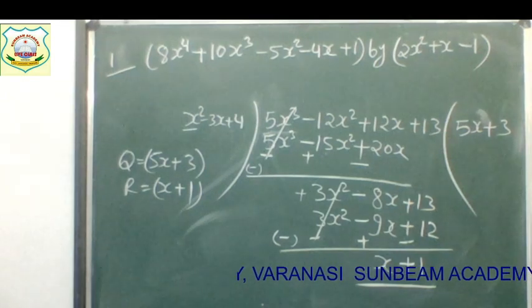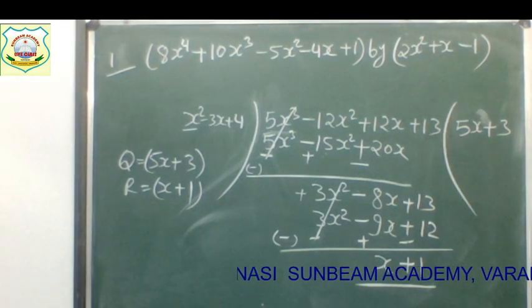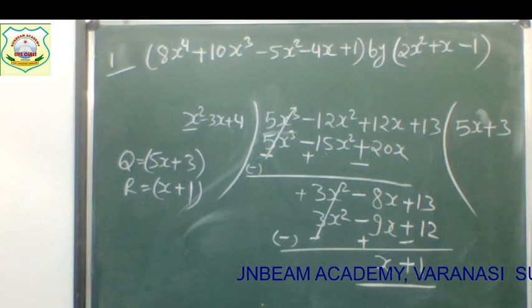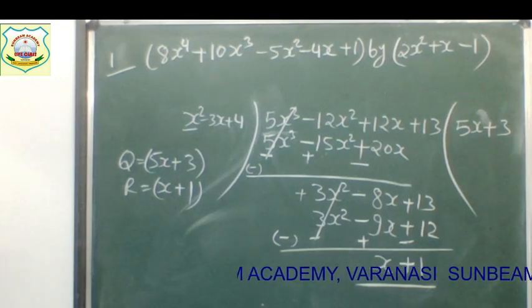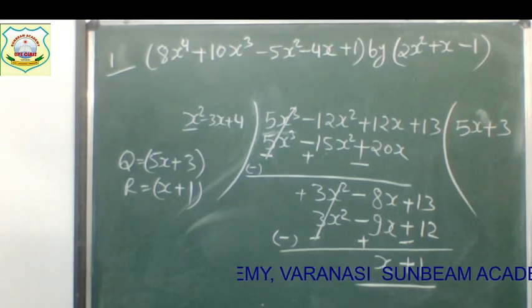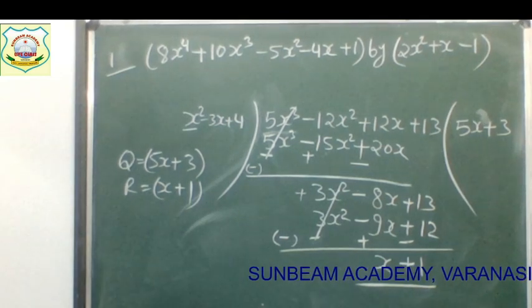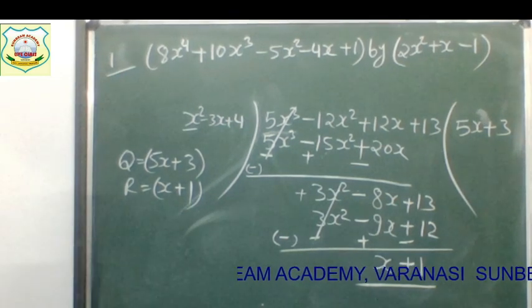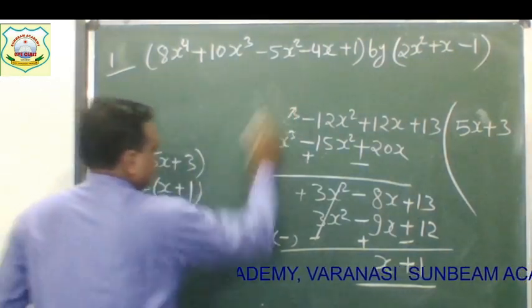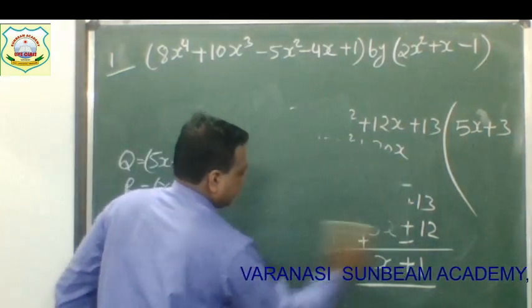Question 15: 8x power 4 plus 10x cube minus 5x square minus 4x plus 1 by 2x square plus x minus 1. Hope everyone noted. Going to the questions.